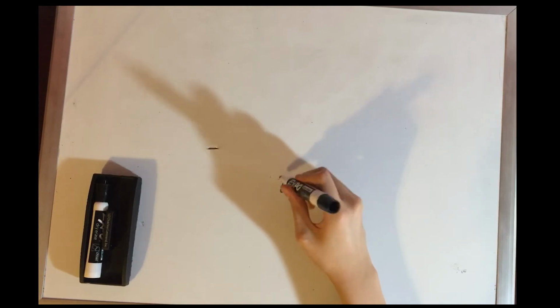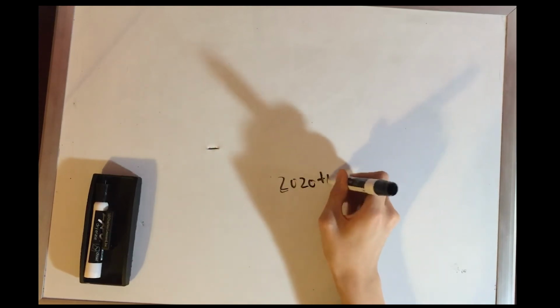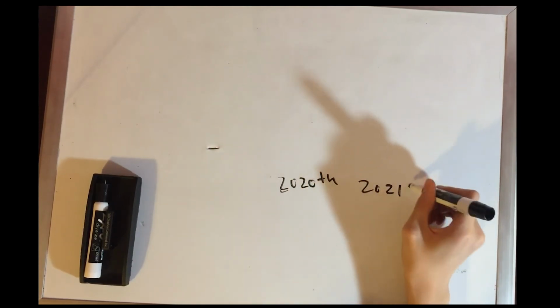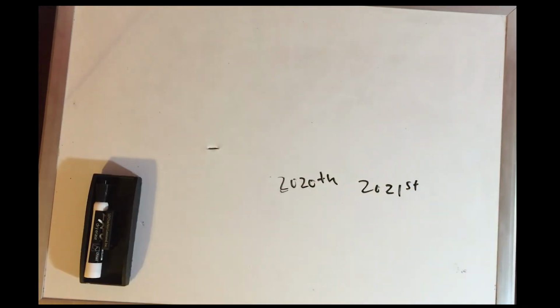So what we have to do in this problem is find the middlemost two numbers, which are the 2020th number and the 2021st number, and then average those two, and that will be our median.